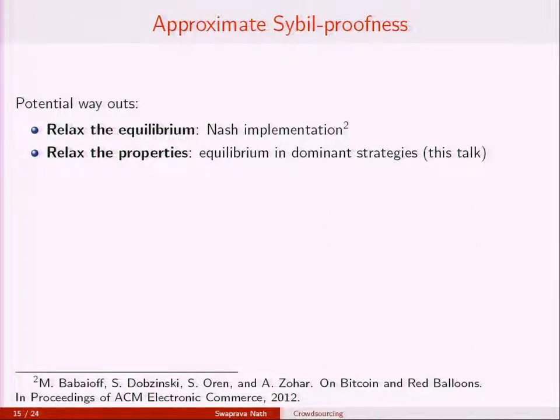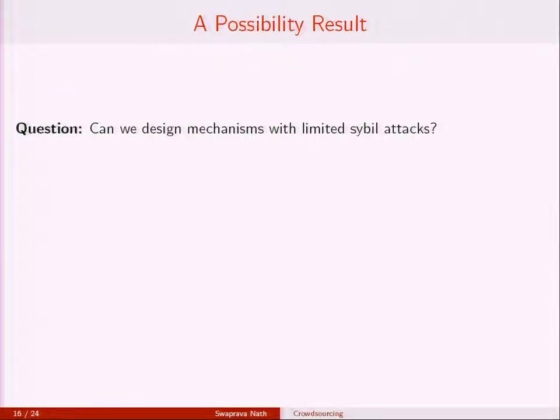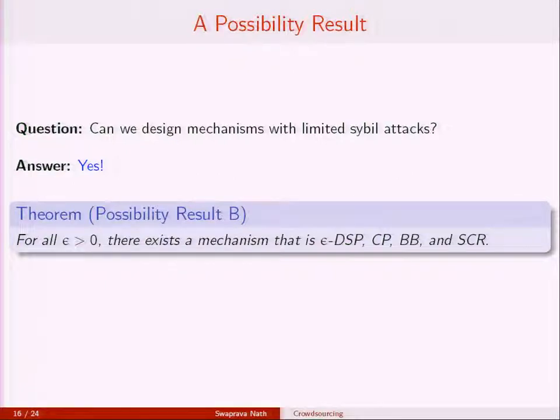What we did is we kept the equilibrium in dominant strategies, but we weakened the notion of truthfulness or fake node creation. So now you can create fake nodes, but by creating fake nodes, you won't be able to gain more than an epsilon fraction of your original reward. That's what we call epsilon Sybil proofness. It's still Sybil proof, but to an approximation. And we show that you can design mechanisms. Just by weakening one property, you can show that epsilon DSP, that is weakened, approximate Sybil proofness, collapse proofness, budget balance, and SCR can be satisfied.